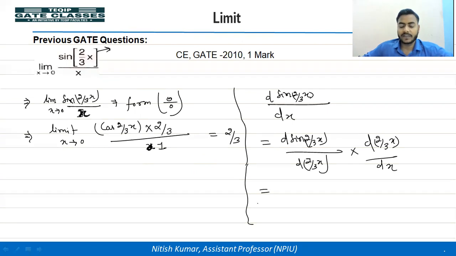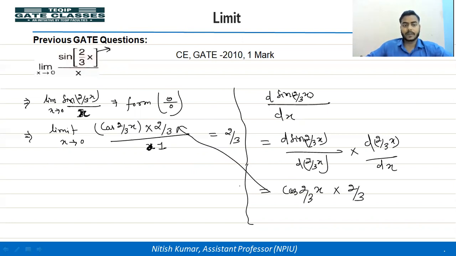This is called the chain rule of differentiation. So it is cos 2 by 3 x times 2 by 3, which I have written directly here. So we are getting finally 2 by 3.